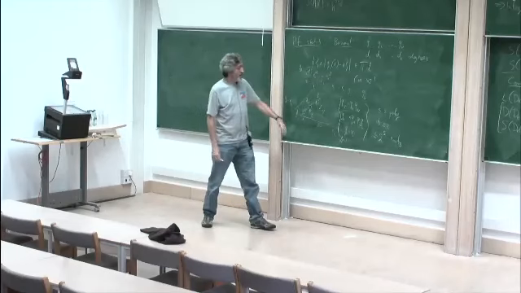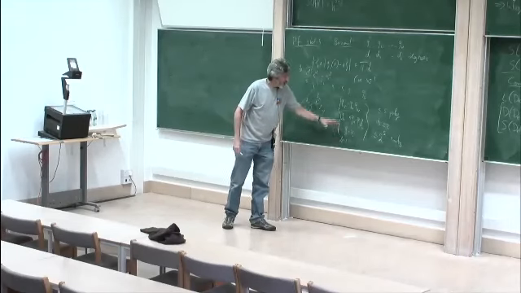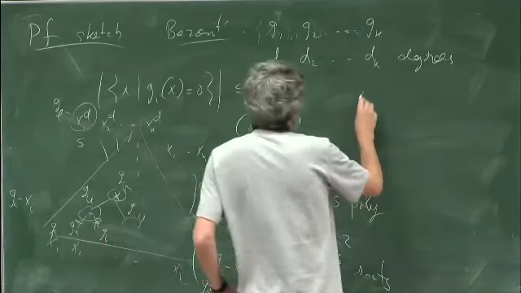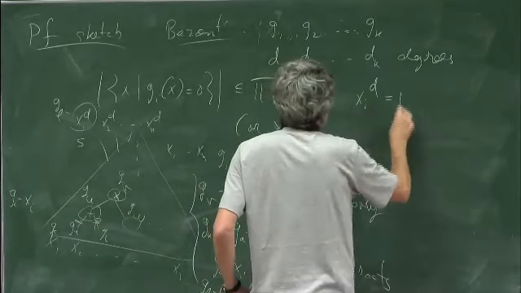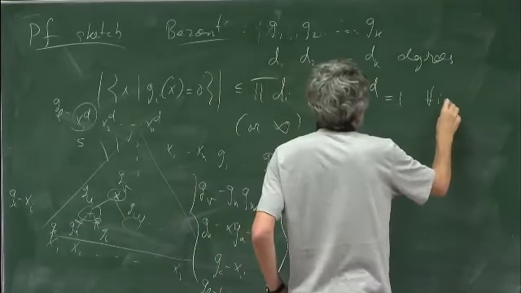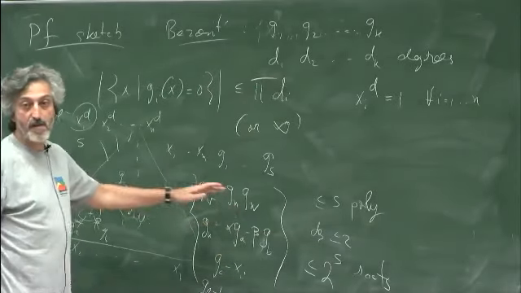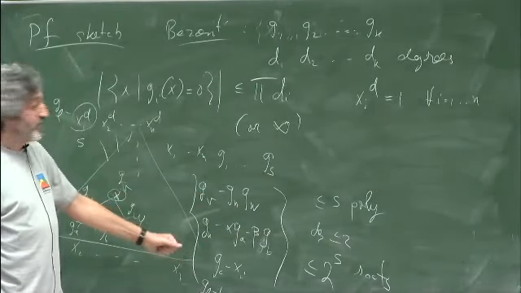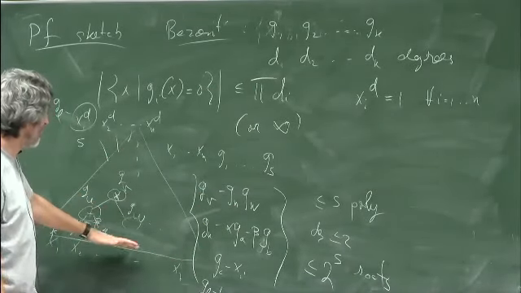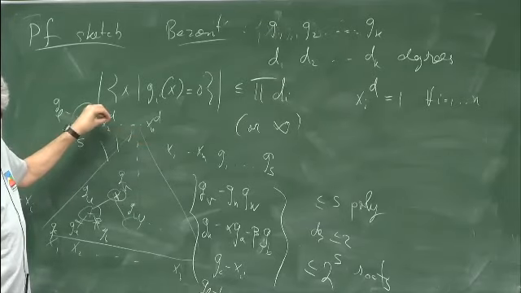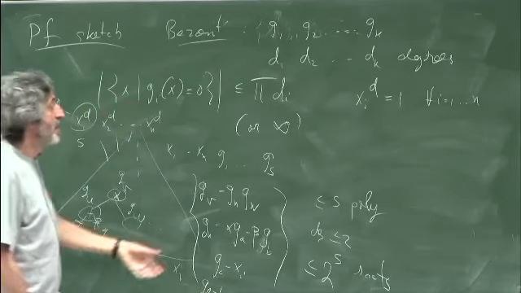So in particular, every root of this system satisfies xi to the d equals 1 for all i. Right? Because the circuit computes x1 to the d, x2 to the d, and so on.